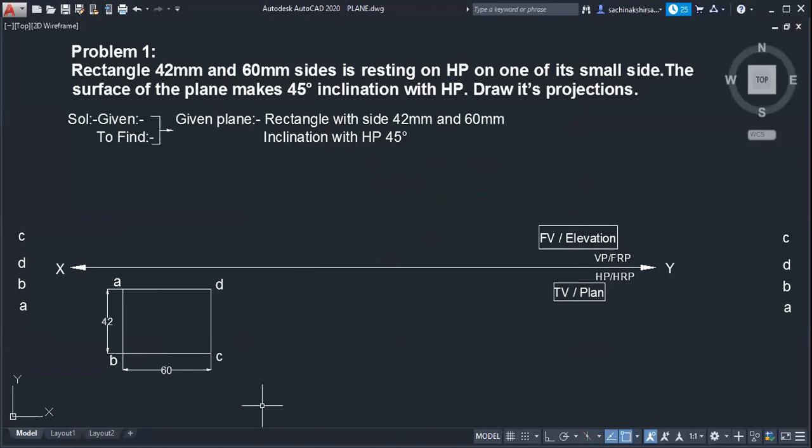Now I will ask questions so that you can understand this. Why have I drawn the true shape of this plane in top view or in HP?